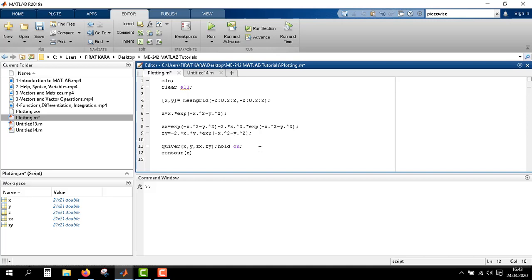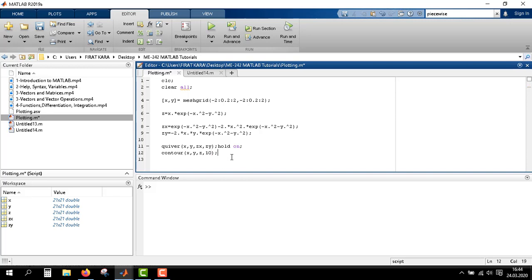First the variables, then our function, and we can select how many isolines we want to draw. Can be 10.